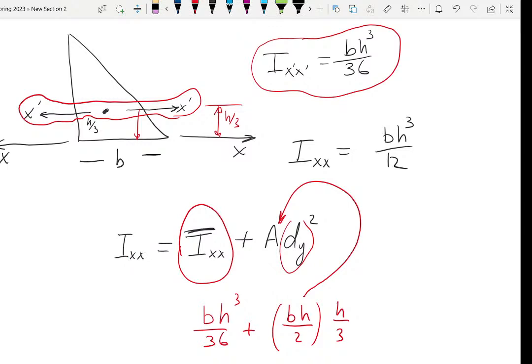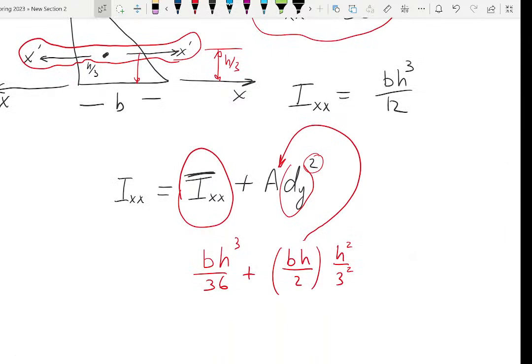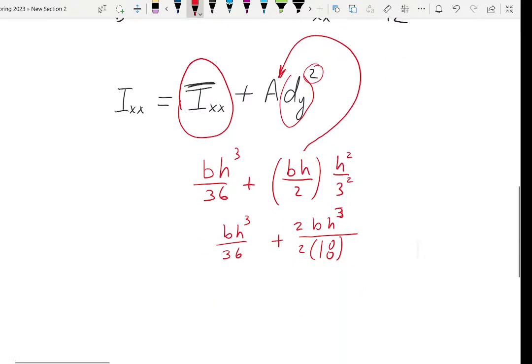Okay, and I'm supposed to square this. So if I look at this thing, okay, 9 times 2 is 18. bh to the third, and if I don't make a mistake here, bh to the third over 36, but I can put a 2 and a 2 here. I think 2 times 18 is 36, isn't it? And so then I get a 1.